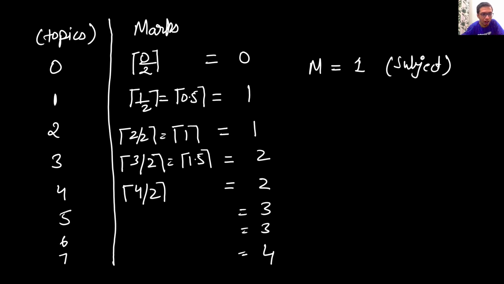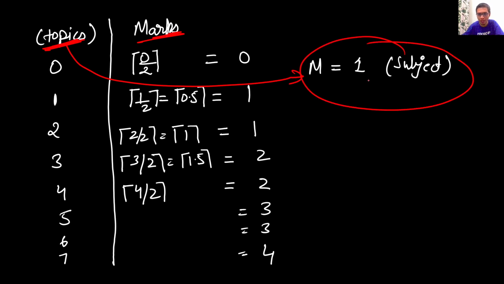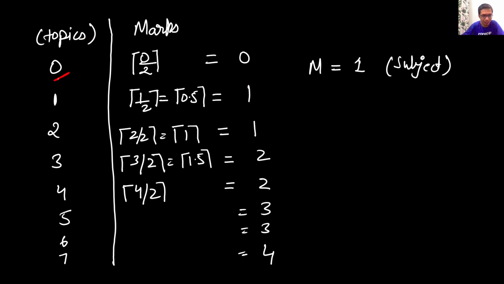Now let's see how the number of topics actually affects the marks if all the topics belong to the exact same subject, right? So here we have only one subject and all the topics belong to this subject. If topics are 0, then my marks would also be 0.